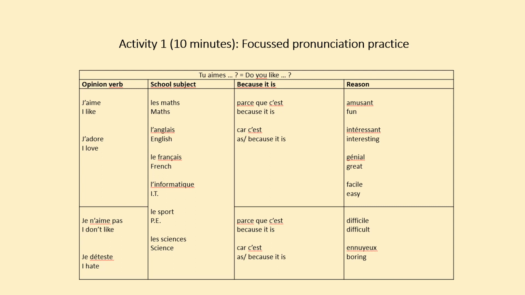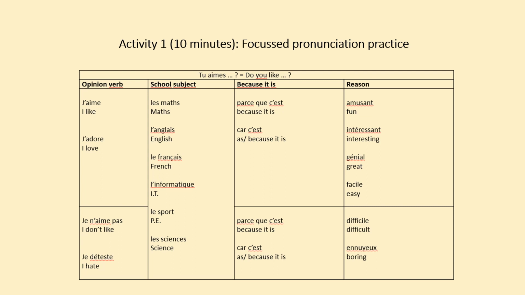Because it is the next column. Parce que c'est is because it is, and car c'est as or because it is. And that's repeated in the bottom of that column for the negatives as well, so it's easy for you to create the sentences in the negative form. Then finally, in the final column, we've got the reasons. So in the top part of that column, we've got the positive reasons to use with j'aime and j'adore.